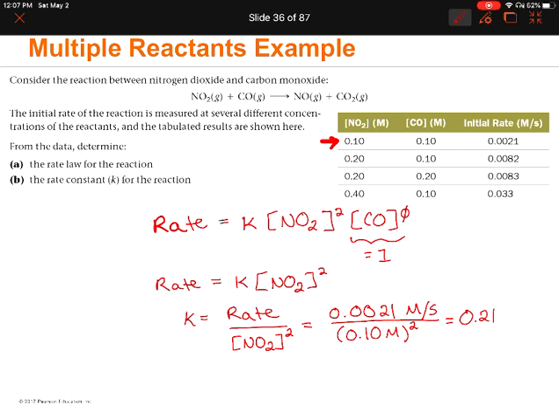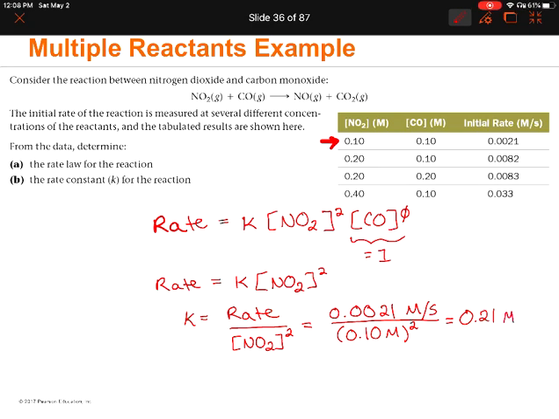But what about our units? So the units for this constant are always going to be a little bit tricky. So we have molarity in the numerator and then molarity squared in the denominator. So one of those will cancel in the denominator, but we'll still be left with 1.